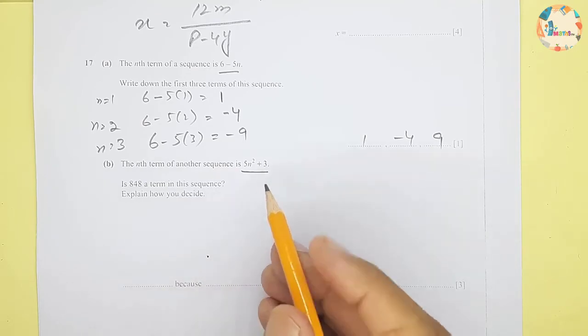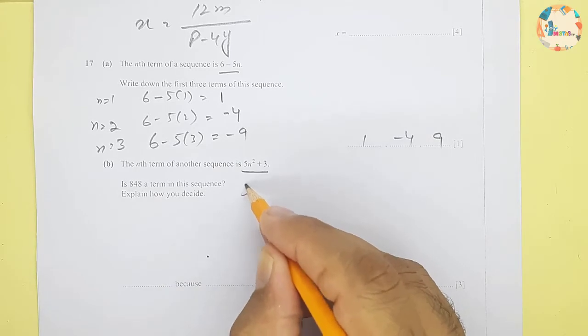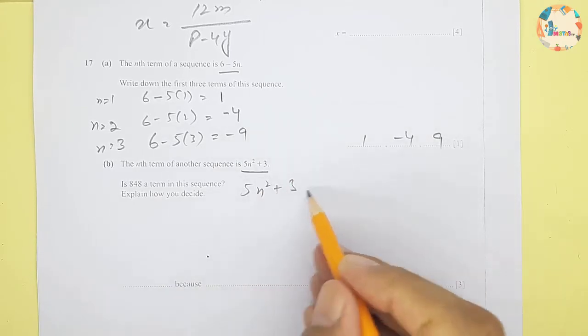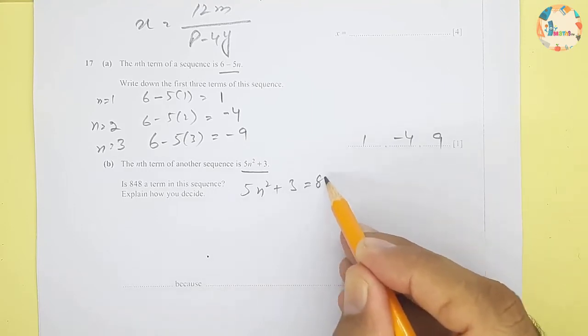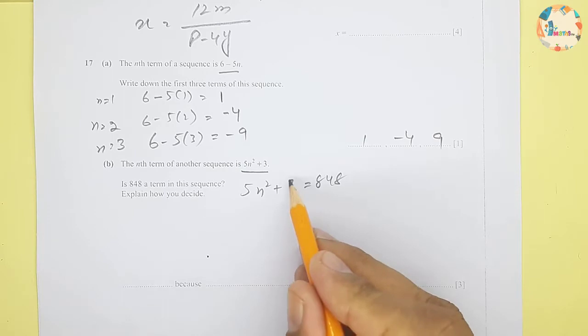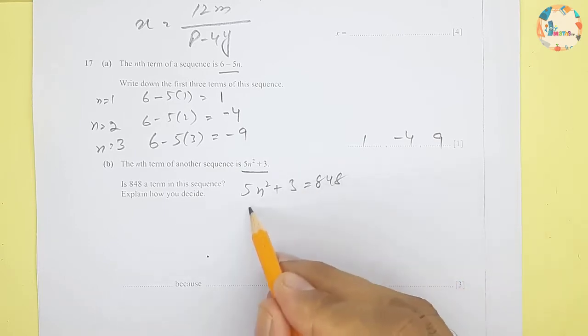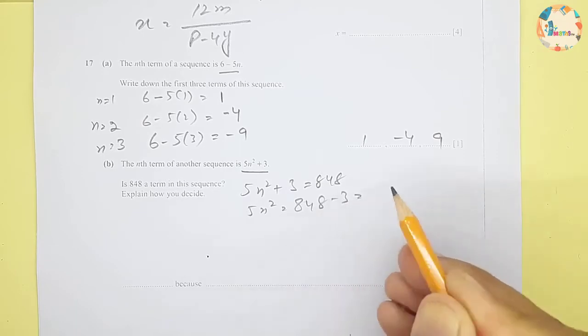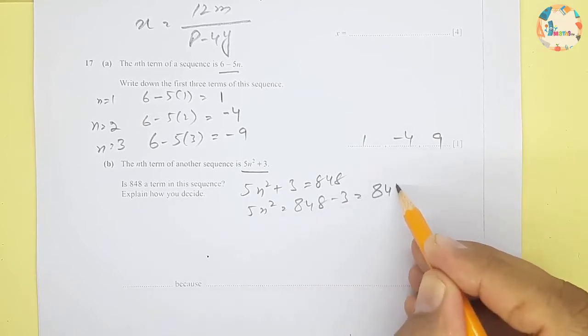So we can write this one as 5n square plus 3 is equal to 848. So we will check, shift the 3 to the other side. So 5n square is equal to 848 minus 3. This will be equal to 845.